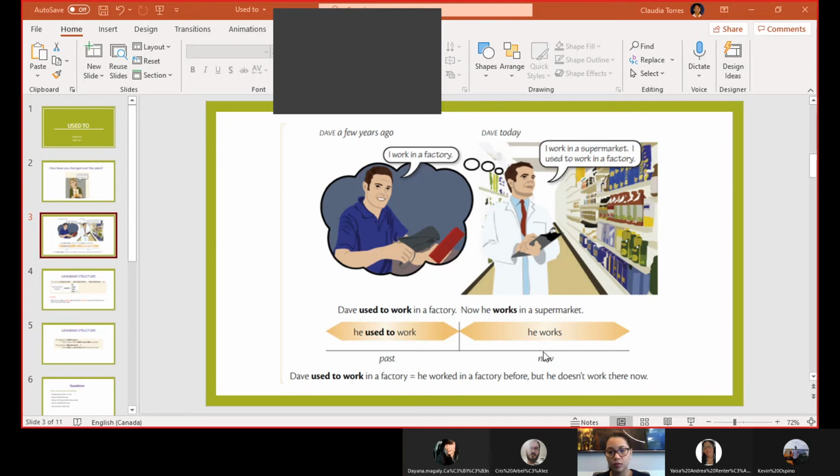But now we use present simple, so he works in a supermarket. This is the main difference between the past and the present when we're using routines. To describe routines in the present, we use present simple: I work, he works, she works.